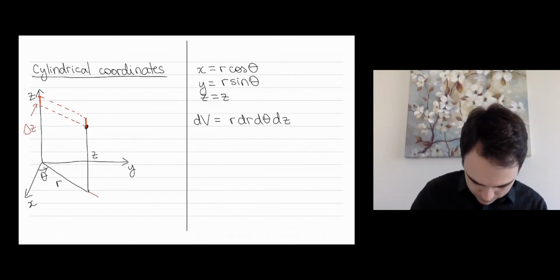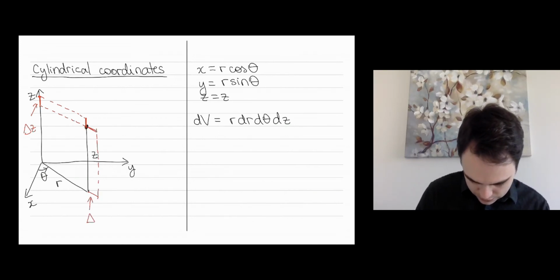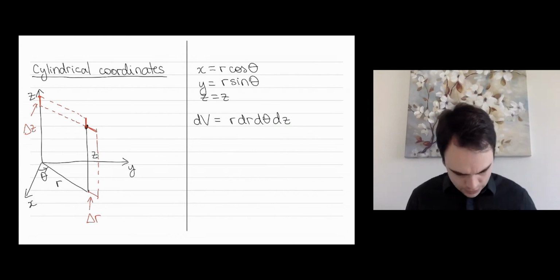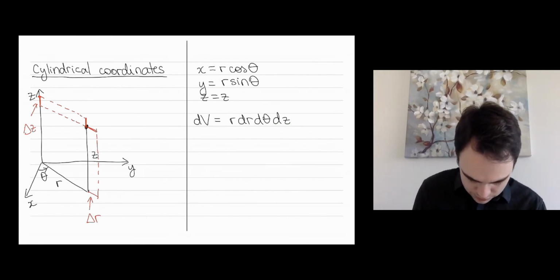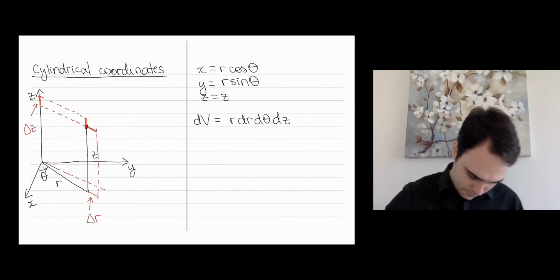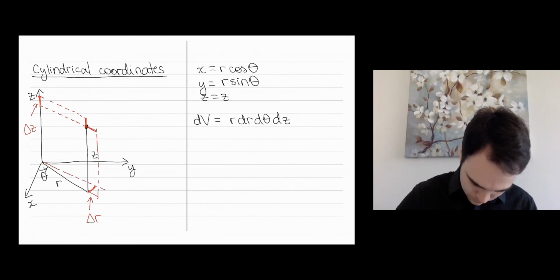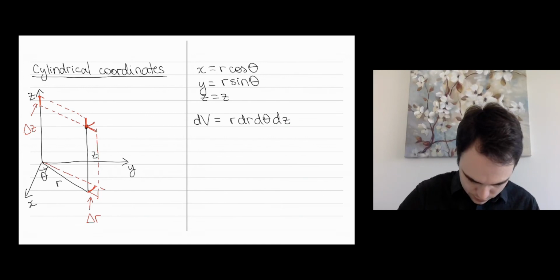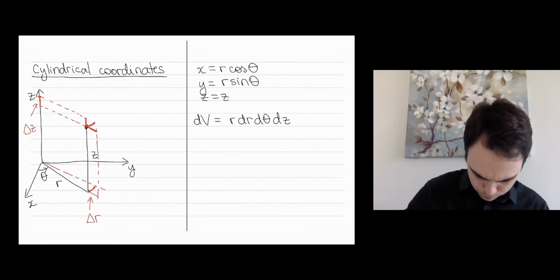If I increase r by a little bit, I'm going to push my point forward. So this is delta r. And if I increase theta by a little bit, I'm going to move my point around the z-axis.